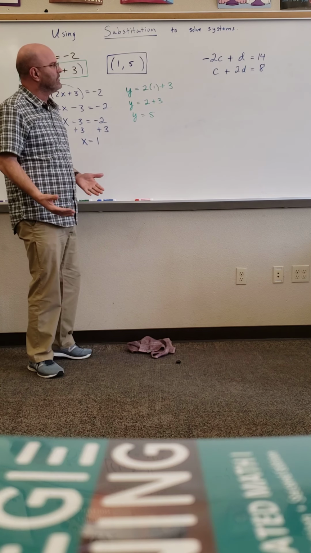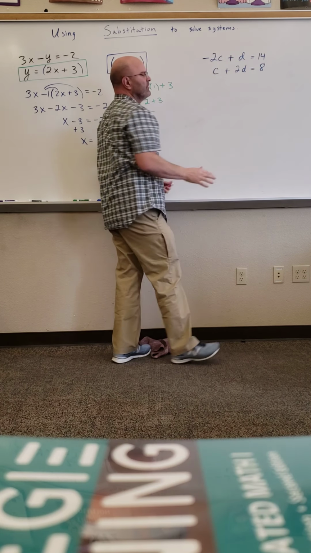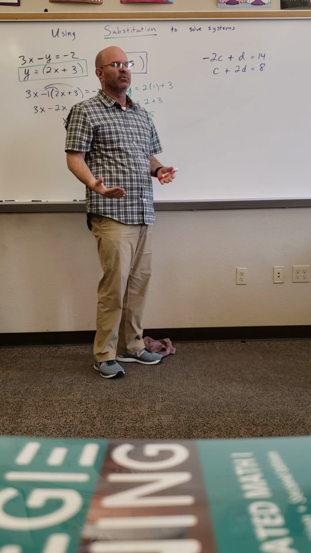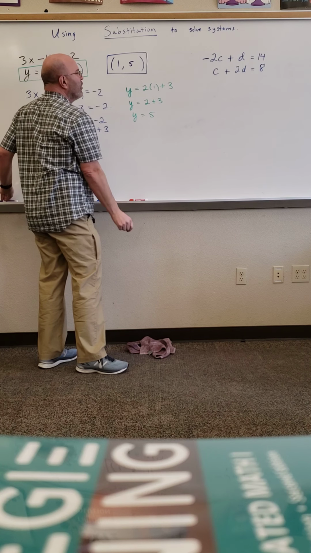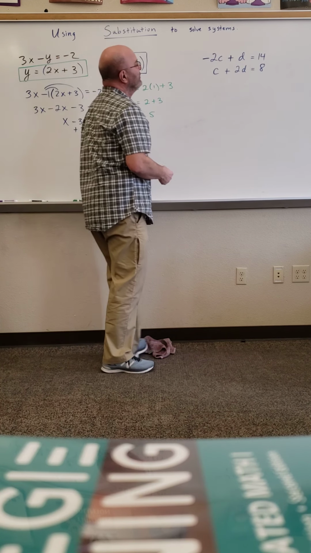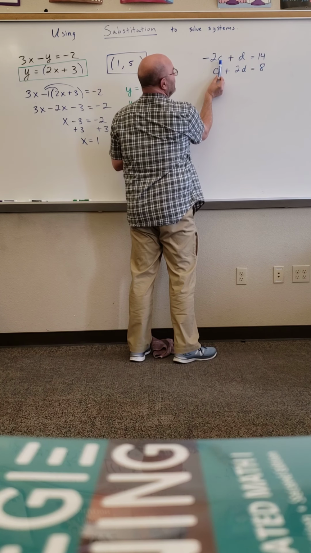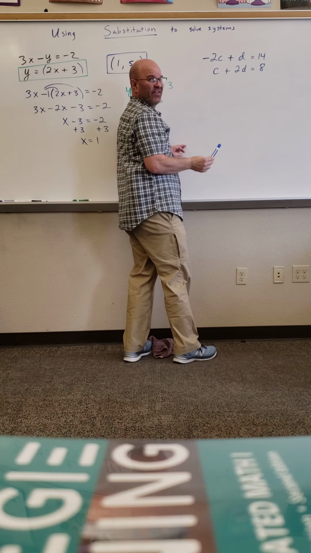So I have a choice. As I look, I need to get this equation or this equation solved for a single variable. It's best to search for a variable that has a coefficient of 1. And what I mean by that is the number in front of the variable is a 1. The coefficient of c here is negative 2. So getting c by itself will be ugly.